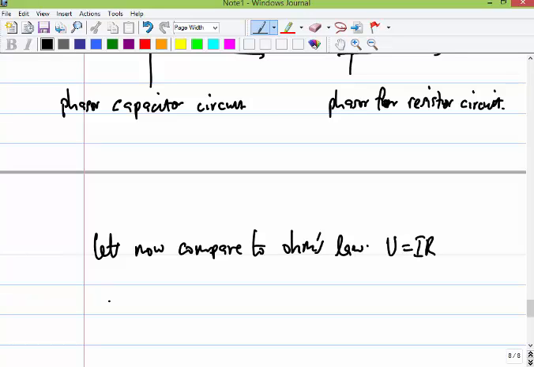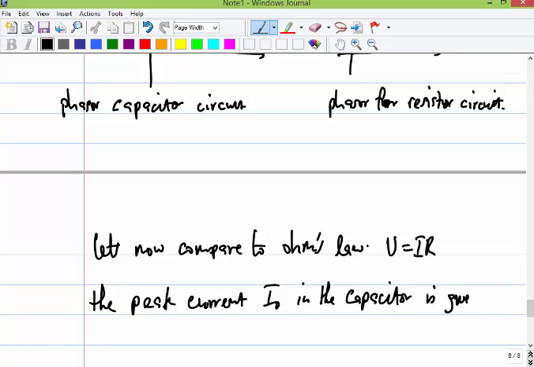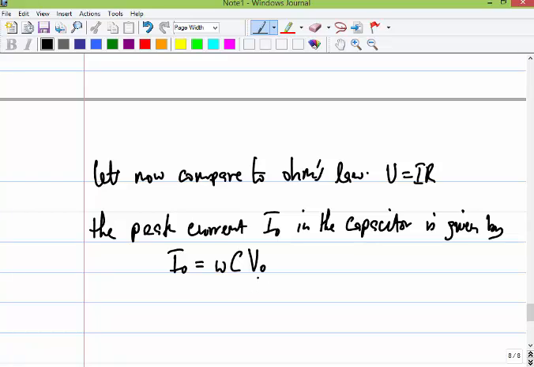In this case, the peak current I naught in the capacitor is given by I naught equals omega C times V naught. So that's the peak current. If we write the current through the capacitor I of t, we can write I naught cosine omega t plus pi over 2, where I naught is just omega C V naught.